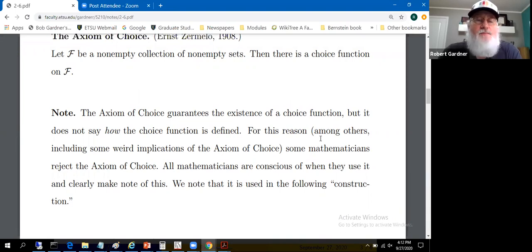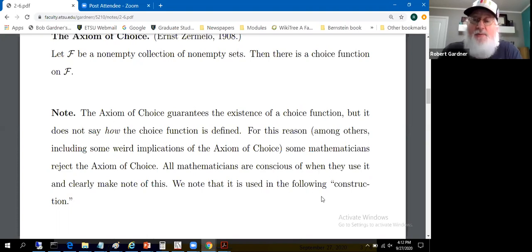For this reason, among some others, including some weird applications, really this application that we're in the middle of now, the creation of a non-measurable set, some mathematicians reject the axiom of choice. But at least everybody who uses the axiom of choice in a proof wants to indicate that they've done so. When using the axiom of choice, clearly make note that you're using it.